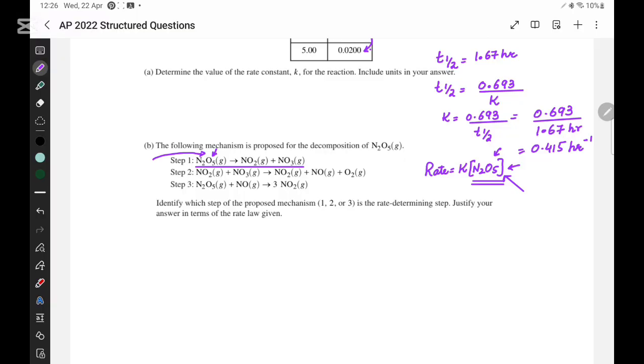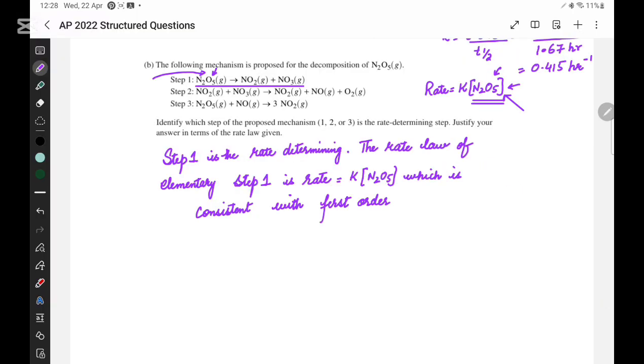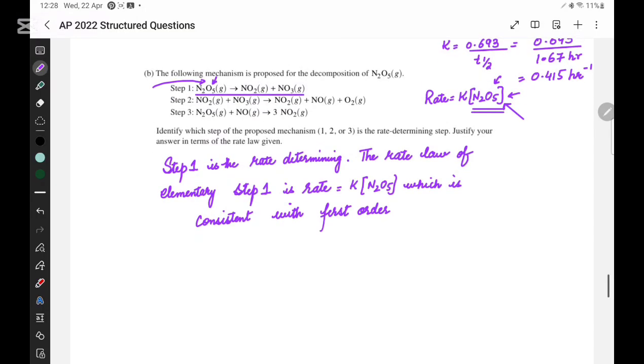So how are we going to write it? Step 1 is the rate determining step, as the rate law of elementary step 1 is rate equal to K times the concentration of N2O5, which is consistent with first order kinetics. So this is going to be the answer.